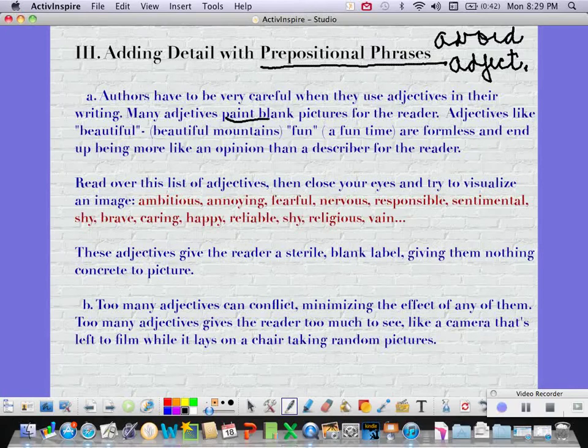Adjectives like beautiful, beautiful mountains, fun, a fun time. They're formless and they end up being more like an opinion than a describer for the reader. Other adjectives here are good, bad, hard, happy, sad, mad. All of those really don't give the reader anything to see.